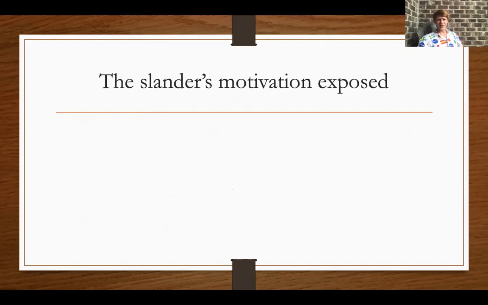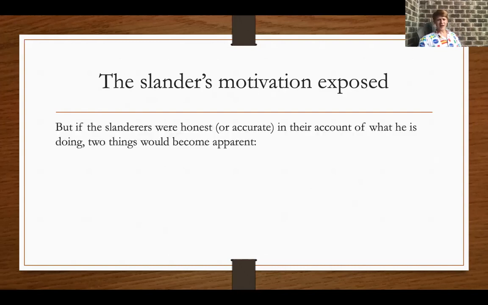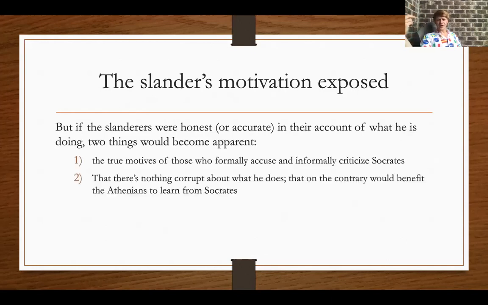Okay, so we might wonder, why are the slanderers motivated to slander Socrates? According to Socrates, if these slanderers were accurate about what he's doing, they would figure out two things, right?